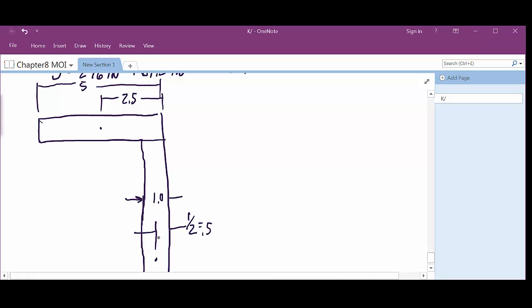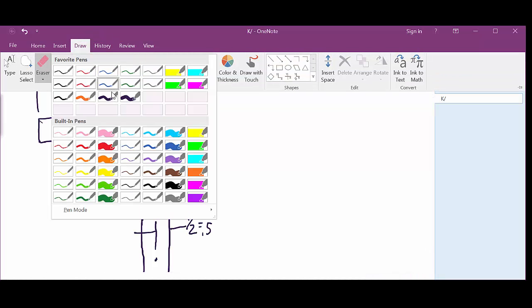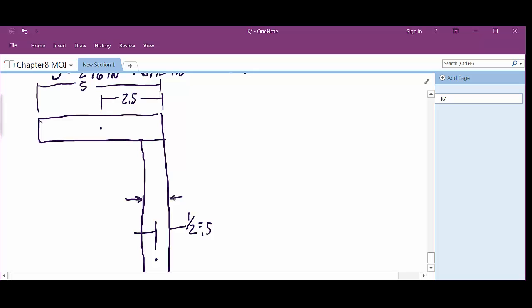Okay, so this has to be halfway, right? So that's 1 inch. So if we project this on up, this distance right here, which is, in this case, was that D1? Yep.